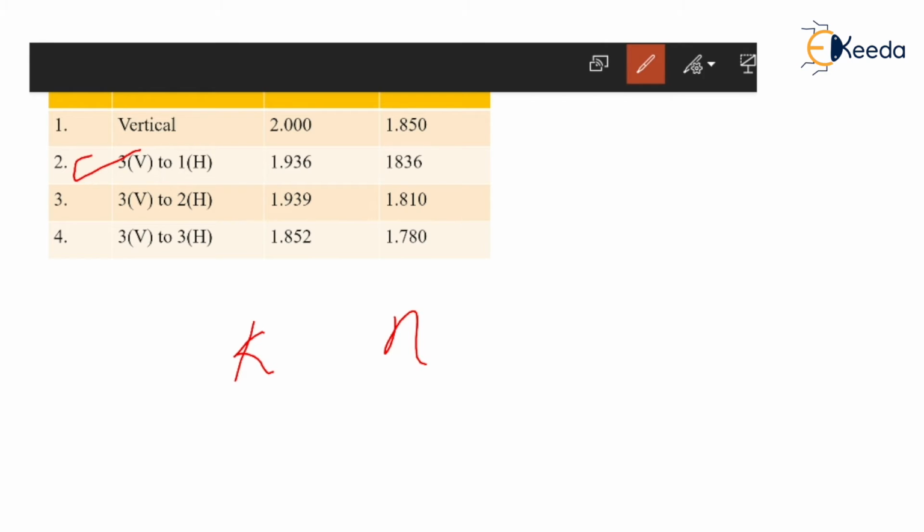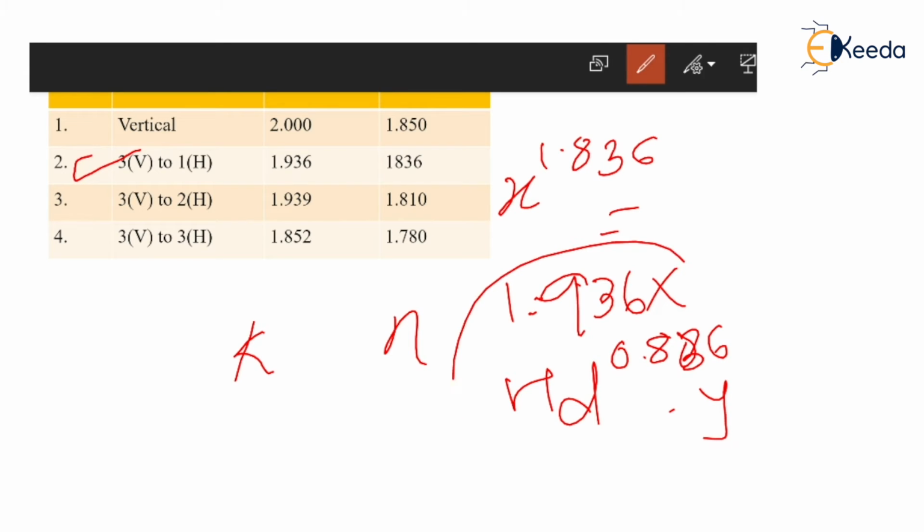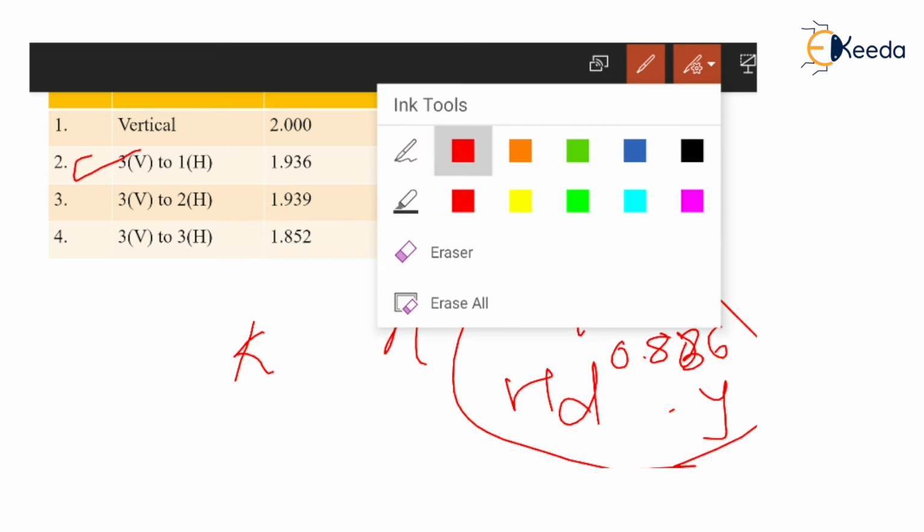So the equation becomes x raised to 1.836 is equal to 1.936 into Hd raised to 0.836 into y. So when the slope is 3 vertical to 1 horizontal, you should adopt this equation.